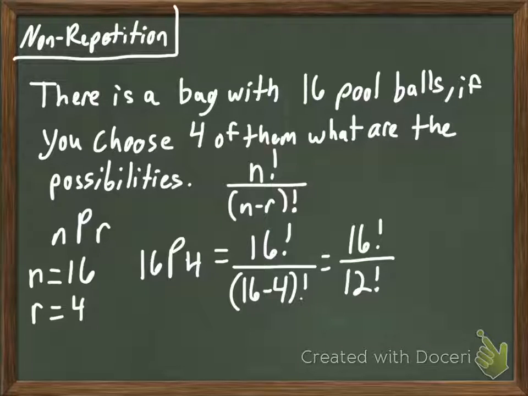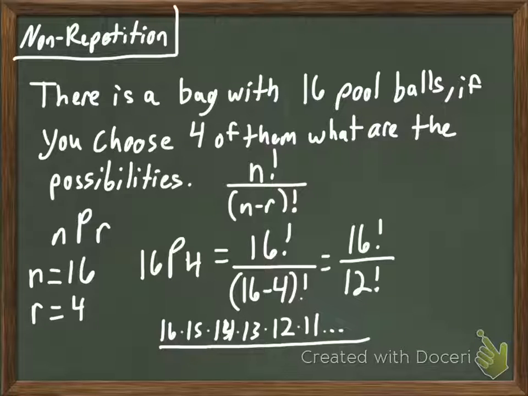We can do some cancellations, because we know that 16 factorial is 16 times 15 times 14 times 13 times 12 times 11, and so on and so forth. That 12 factorial is 12 times 11 times 10, and so on.